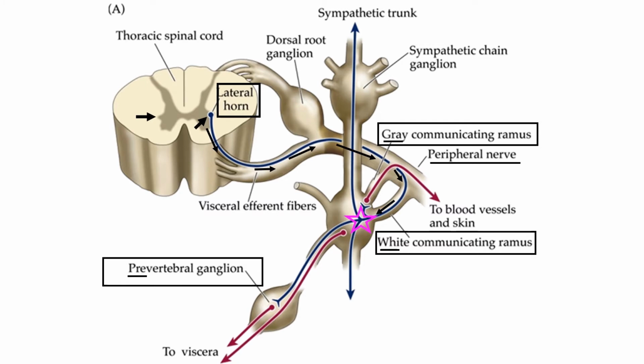There are different possibilities that will happen here in the ganglion. Possibility number one is that, as in the general idea of the system, it is going to send gray ramus back to the spinal nerve.